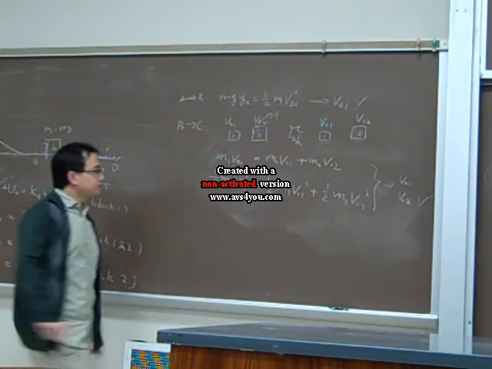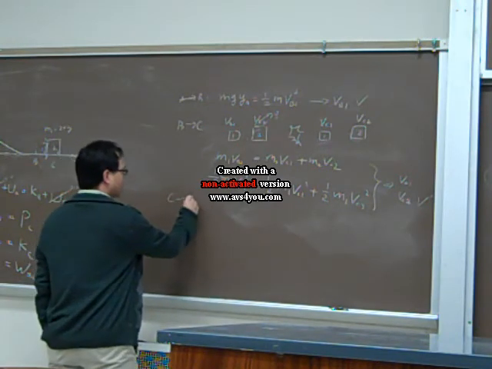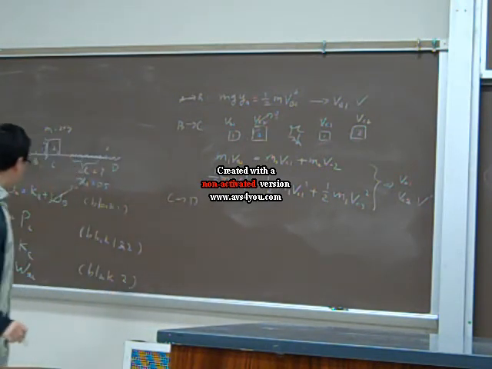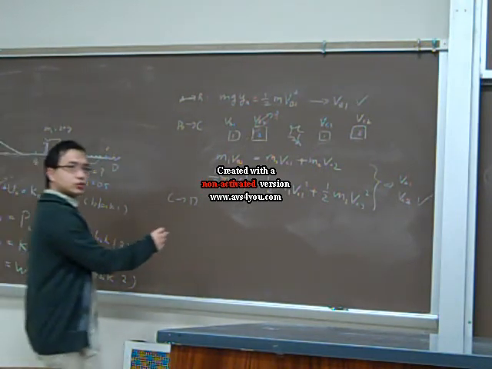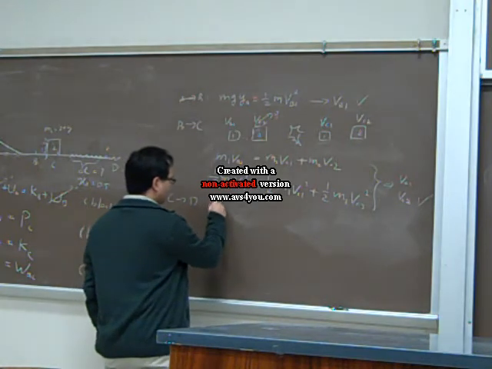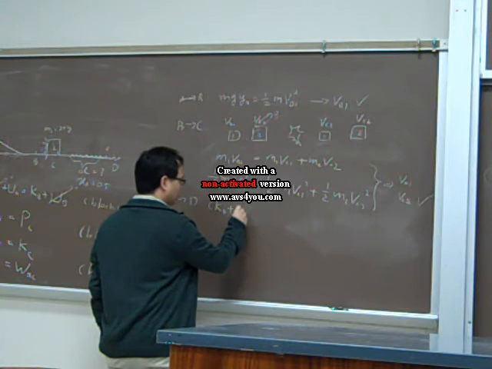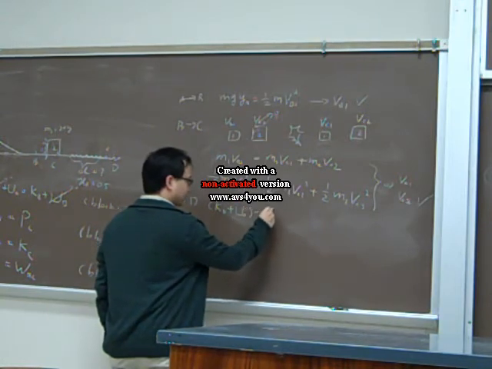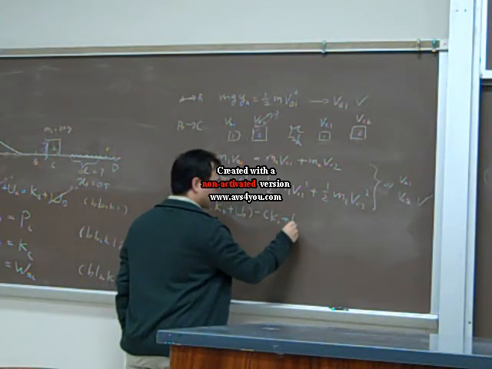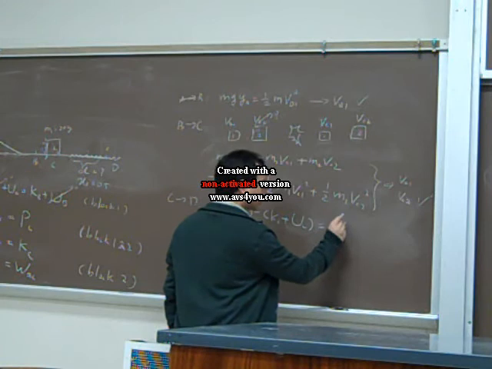So here, for C to D, we want to use delta E equals WNC. And delta E should be KD plus UD minus KC plus UC, equals WNC.